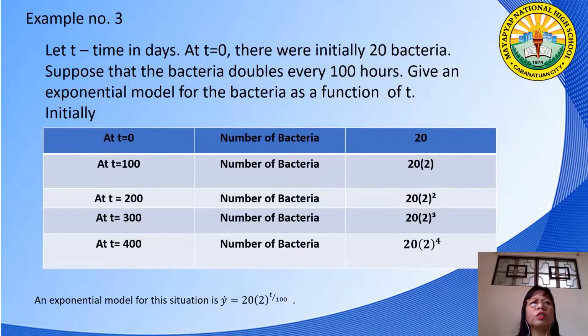At t equals 300, the number of bacteria is 20 times 2 raised to the third power. And at t equals 400, the number of bacteria becomes 20 times 2 raised to the fourth power. So an exponential model for this is y equals 20 times 2 raised to t over 100.